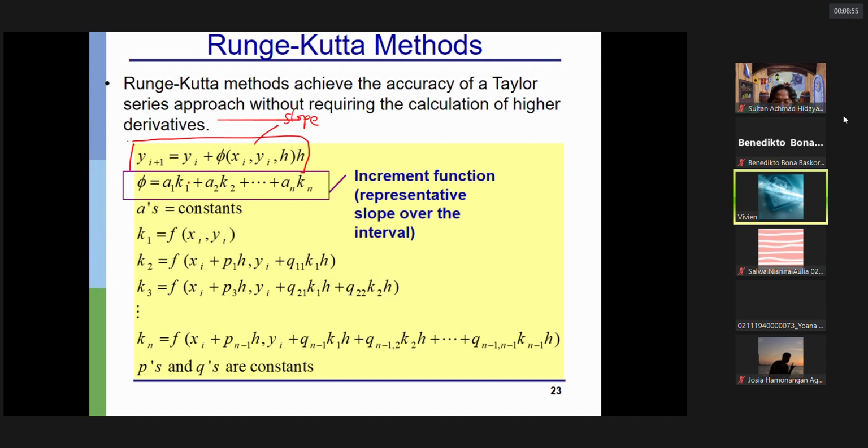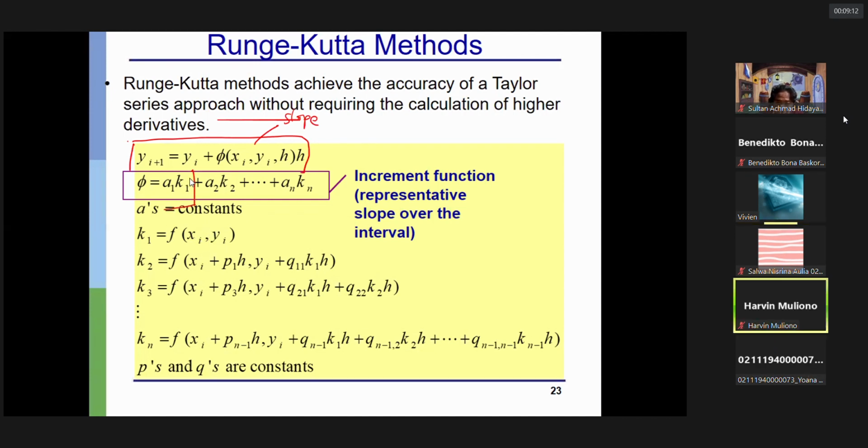For example, if we use only one term, A1 K1, where A1 is a constant coefficient and K1 is the slope taken at xi, yi, then we will have Euler's method.